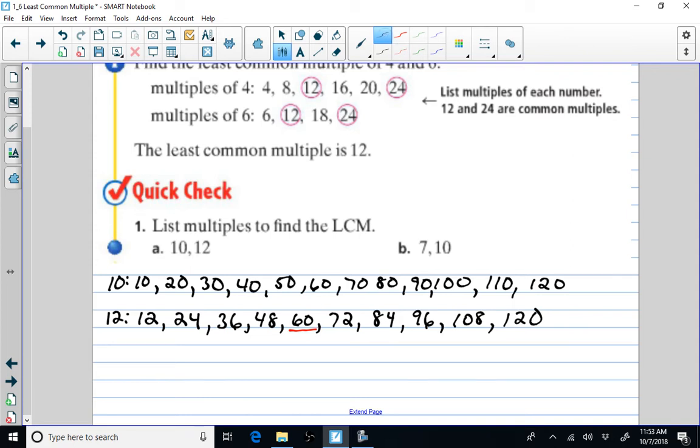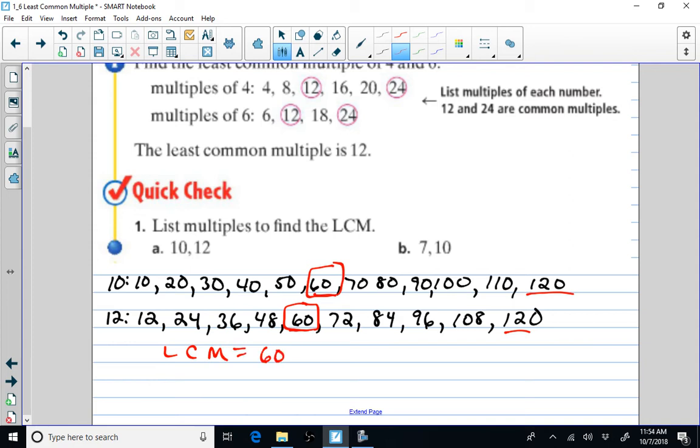So if I underline common multiples here, I see 60 is common to both, 120 common to both sets of numbers, which means every 60 we would have another common multiple. But the least common multiple would be the lowest number that is common to a set of numbers, and that would be 60. LCM is going to be 60.